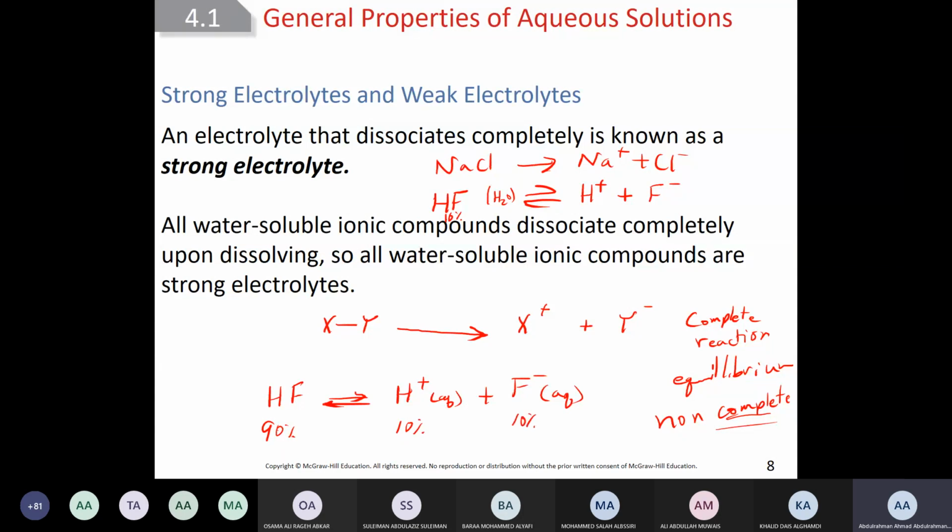So, is this going to be a strong or weak electrolyte? Weak, because only a small amount will be produced.